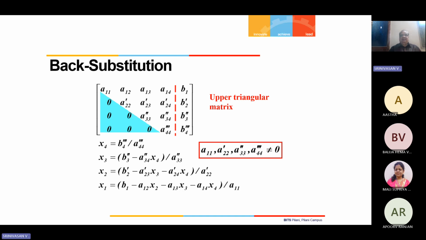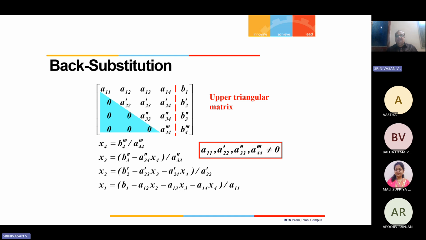Then going back, you need to find X3. So X3 will be B3 double dash minus A34 double dash into X4, this minus this, divided by the coefficient A33 double dash. Next you will have X2, with 3 terms here, then you will have 4 terms here. So this is exactly what we mean by back substitution.